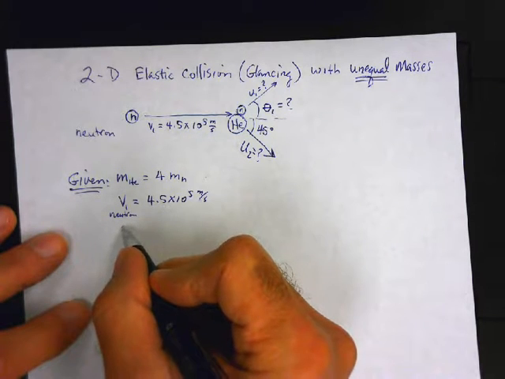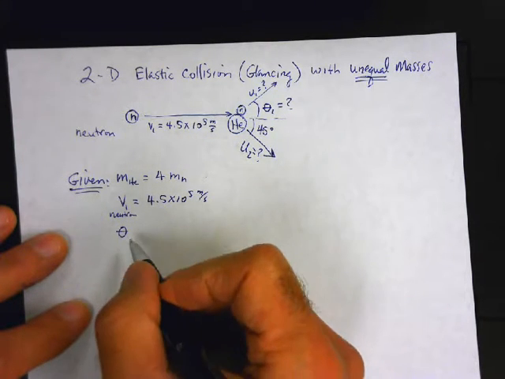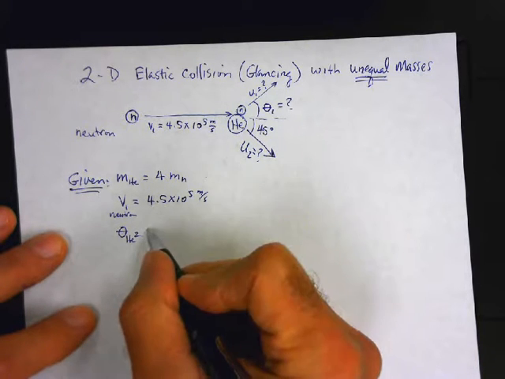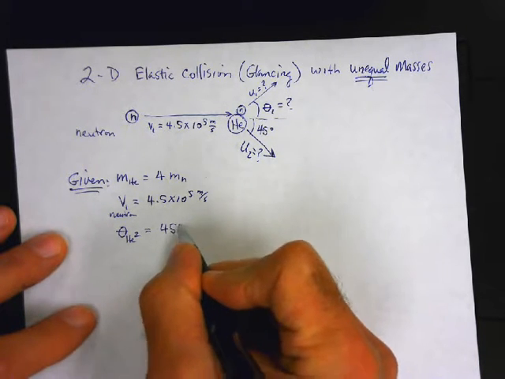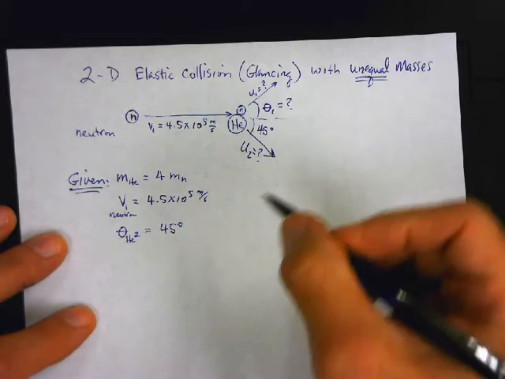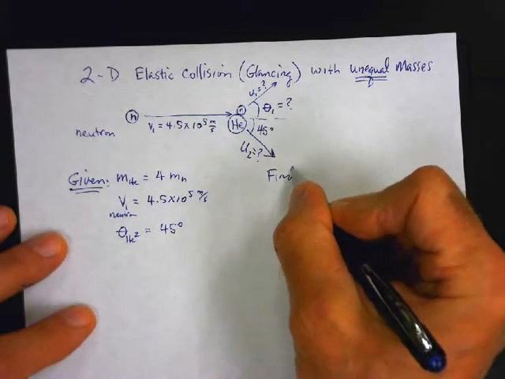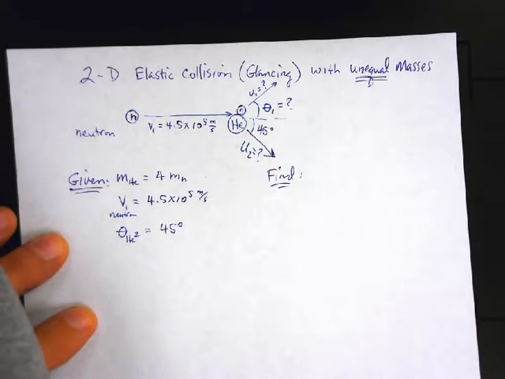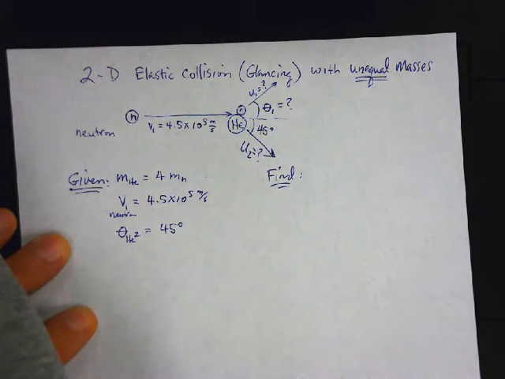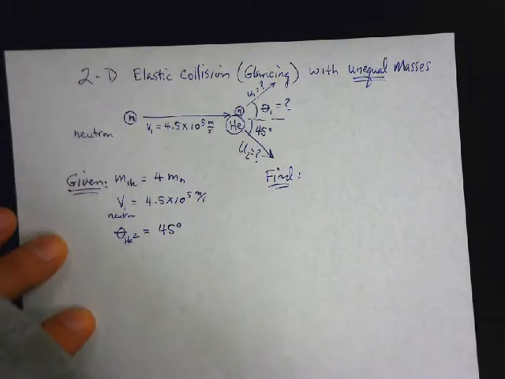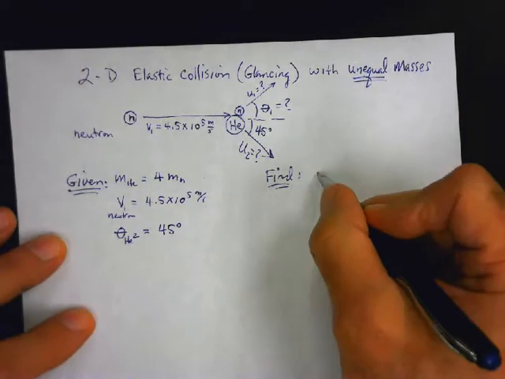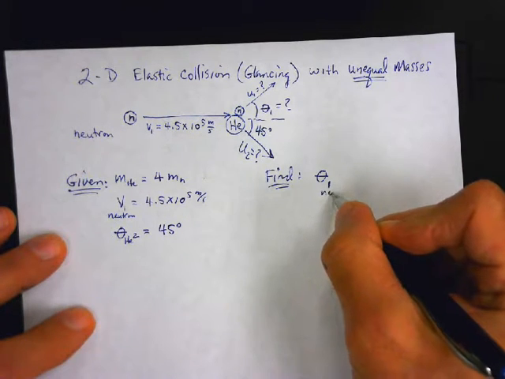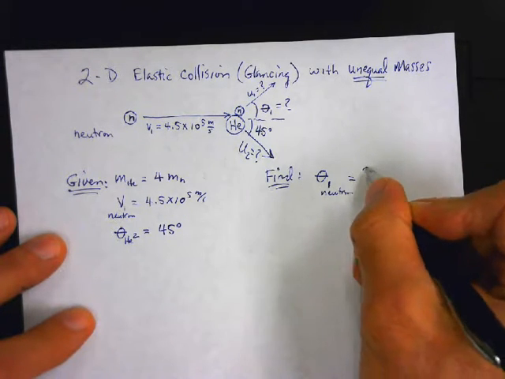We also know that theta of helium, we'll call that theta 2, is equal to 45 degrees after the collision. What do we want to find? What we want to find is theta 1, which would be the angle that the neutron takes after collision.